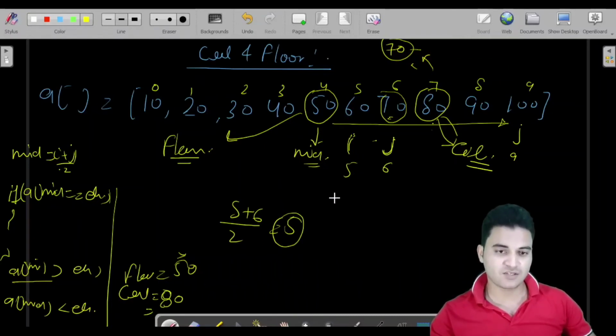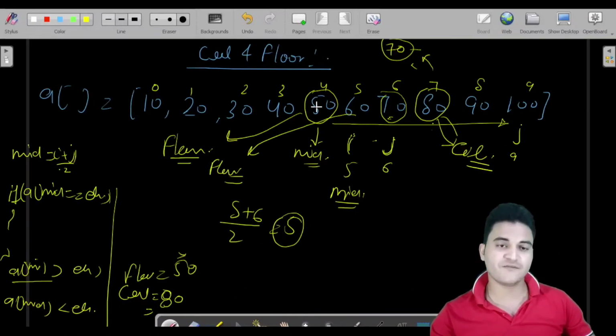So now this is mid. Mid is 5. So we'll check if 60 is equal to 70. No, this is not. We'll check if 60, which is A of mid, is less than 70. Yes, that is less than 70. Then there might be a possibility that 60 could be the potential floor.